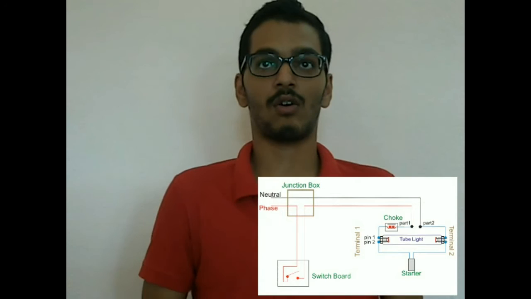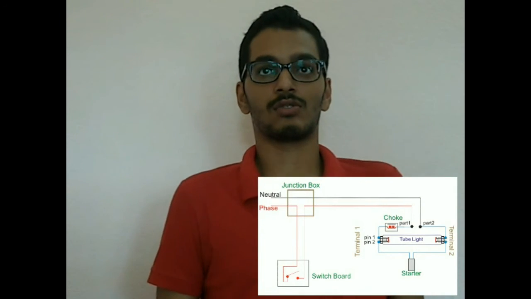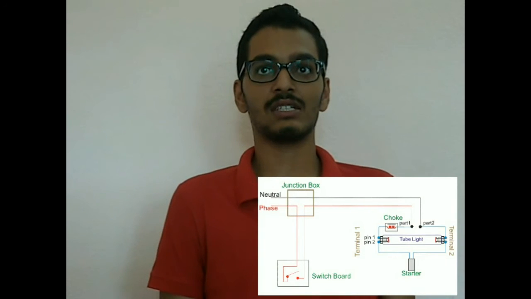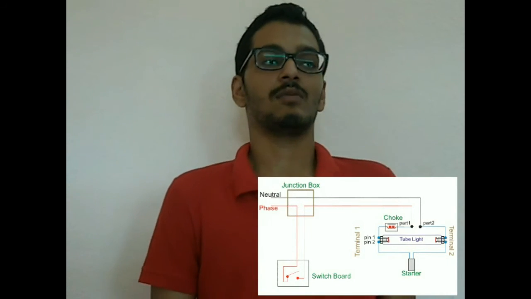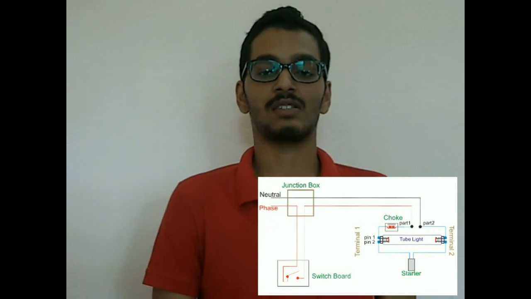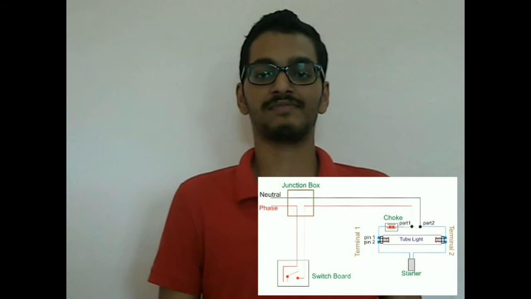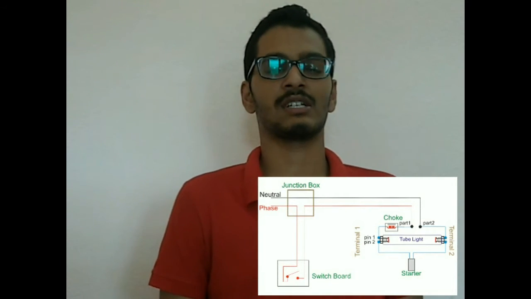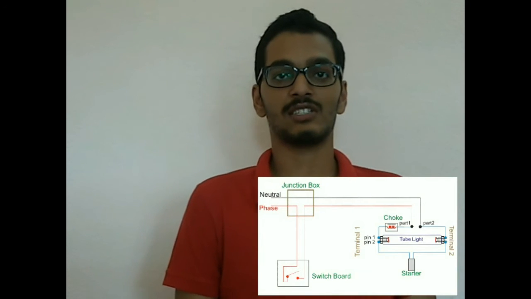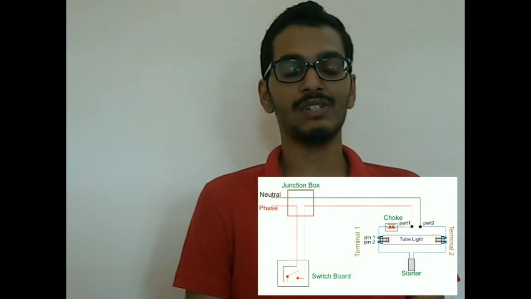When the switch is on, the full voltage comes across the tube light through the choke coil and the fluorescent lamp starter. So no discharge happens initially. The starter is connected in parallel to the tube light, so the full 220 volts reaches it. It also contains traces of argon gas and a capacitor in parallel with it.